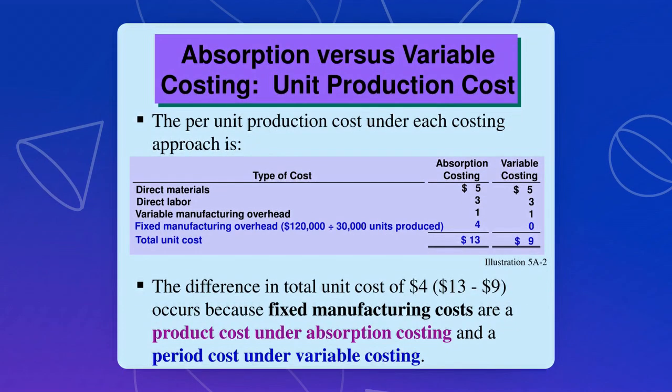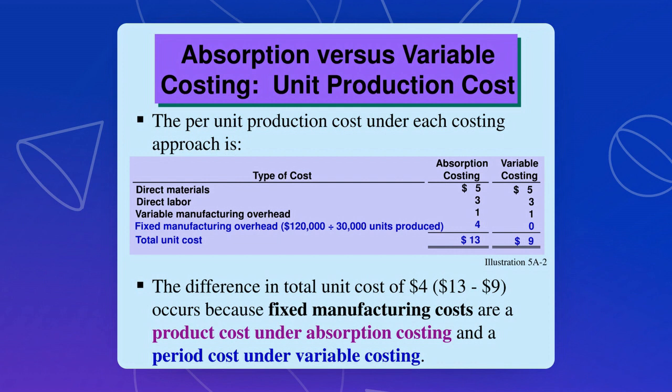Okay. So, in terms of this cost per unit of production, no, cost under each costing approach, as you notice, you have your absorption costing and we have your variable costing. Alright, if you notice class, in the absorption costing, your direct materials of 5, direct labor of 3, manufacturing overhead of 1.